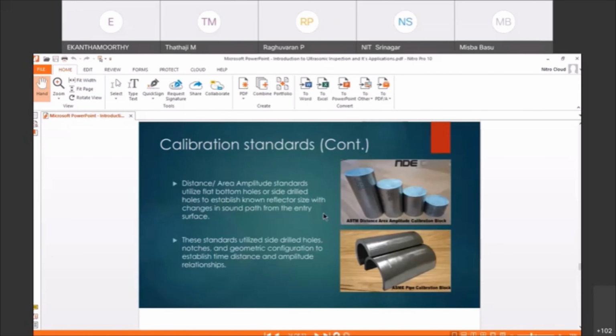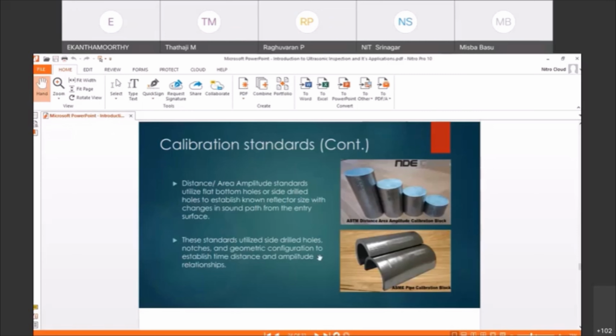The defect size is 2 mm only, so whatever depth I am detecting, I have to find only the 2 mm defect. But if you are not doing distance amplitude correction, which is needed because of the attenuation, it will show different sizes. In order to avoid that, we have to do the amplitude correction by using the DAC blocks.